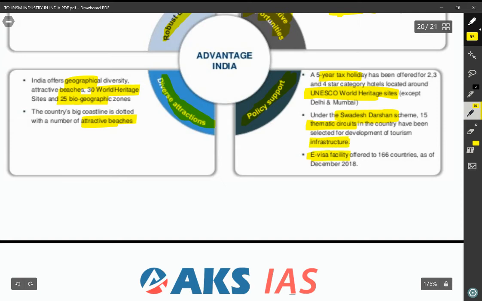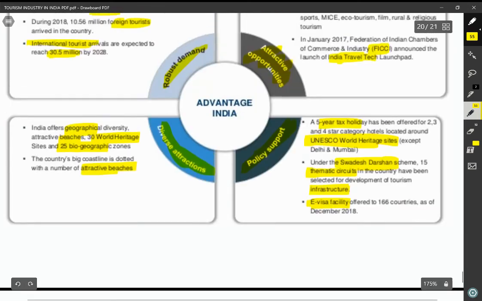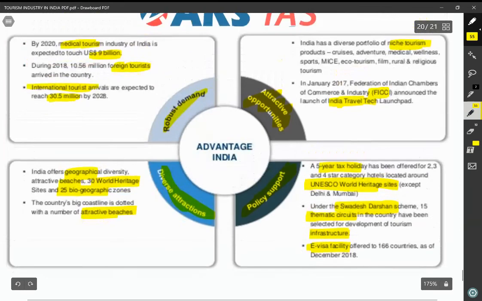Also, e-visa facility is offered to 166 countries as of December 2018 in India. So these are the various advantages that the government is providing to the tourism industry in India. So this should impel investments into the tourism sector.